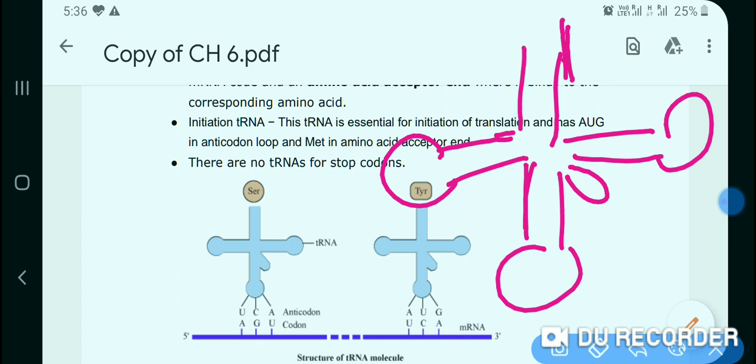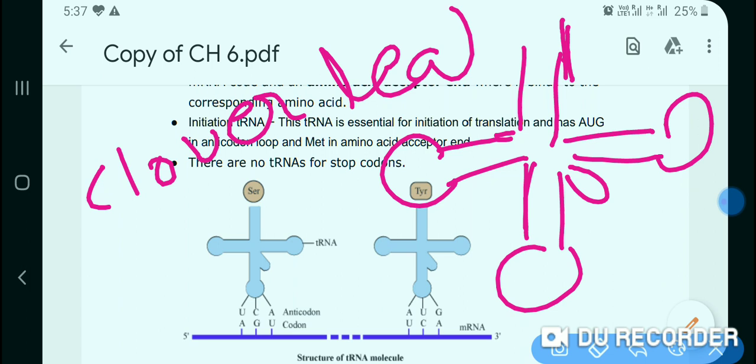Actually, the structure of transfer RNA is L-shaped, but the best model to explain the structure of transfer RNA is known as the clover leaf model.